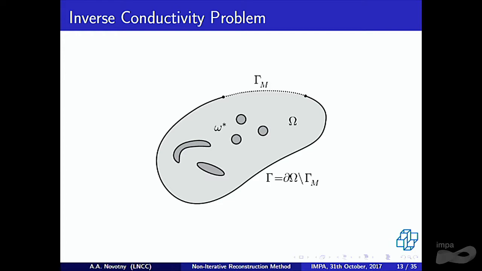Here, the boundary of omega is divided into two parts, one hidden boundary denoted by gamma and a visible part denoted by gamma m, where we have some measurement. Okay. And then from this partial boundary measurement, we want to reconstruct the set of anomalies. This is the main idea.